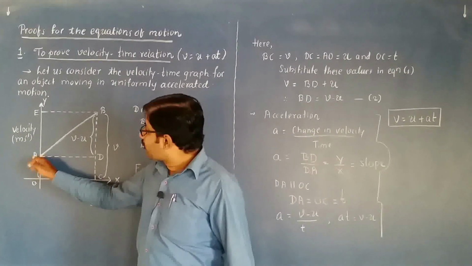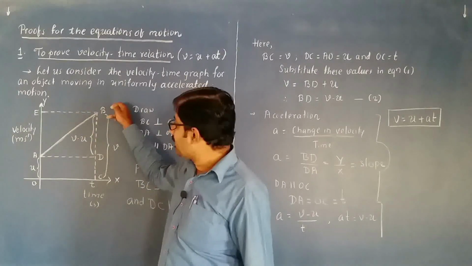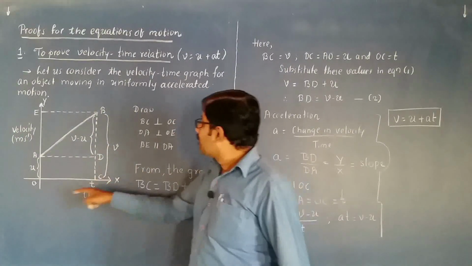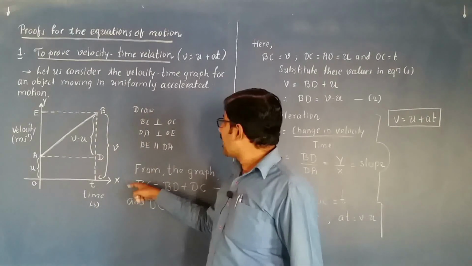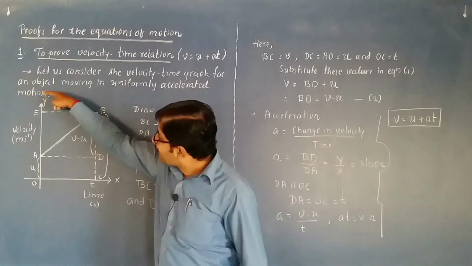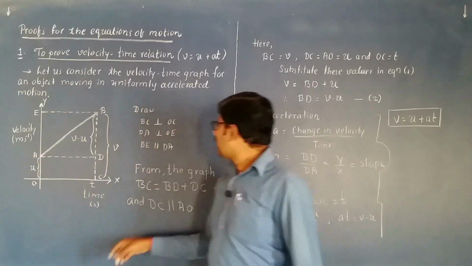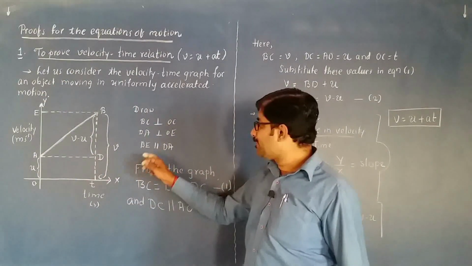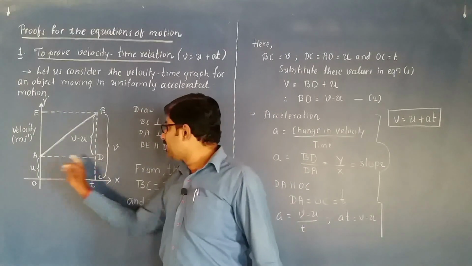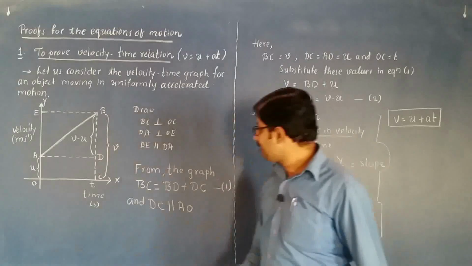We took from point A to point B, and drew BC perpendicular to OC and DA perpendicular to OE. We took BE parallel to DA, and later DA parallel to OC.